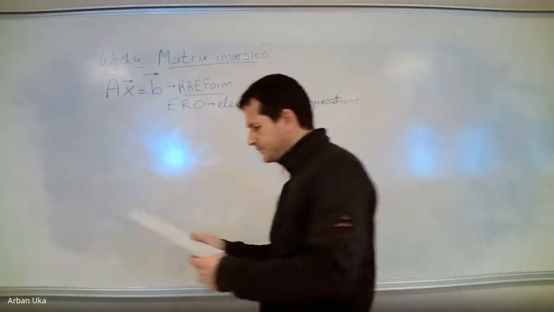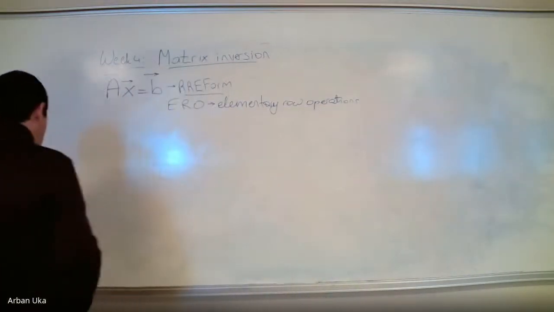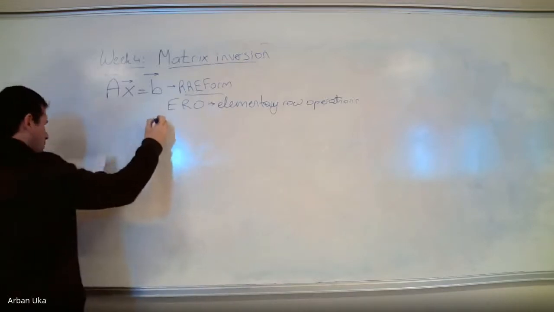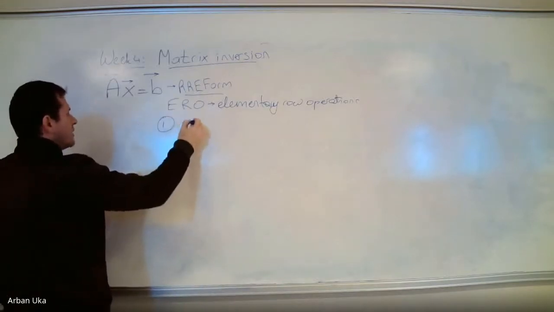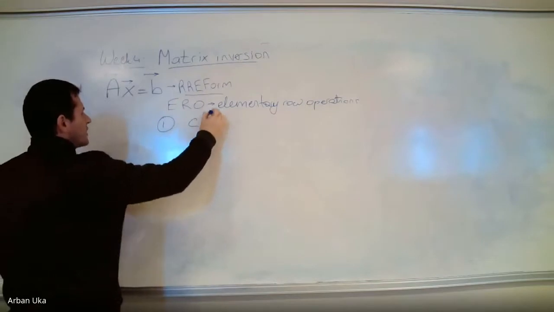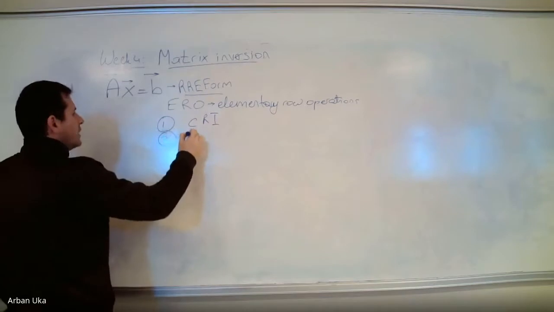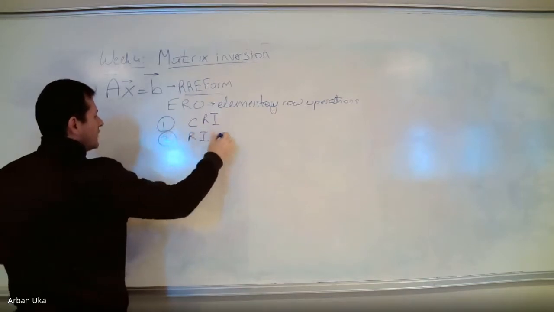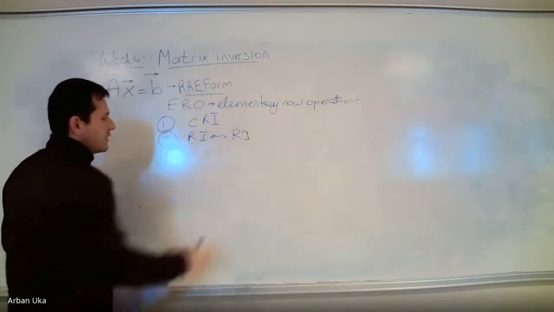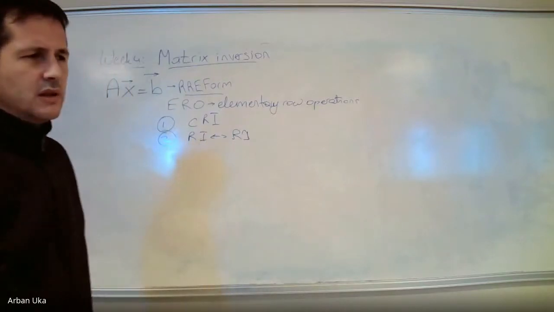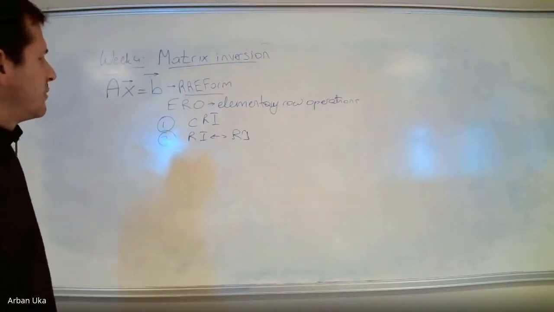Now, these elementary row operations, we don't have many of those. The first one is we can multiply any row with a constant. The second one is that we can interchange row i with row j. So we can take row 4 and replace it with row 1, or change their places.